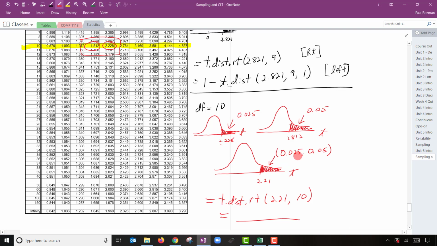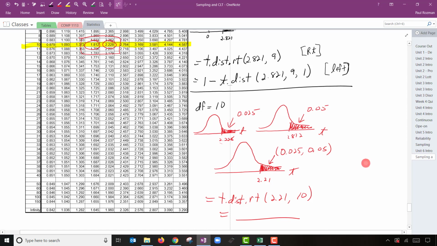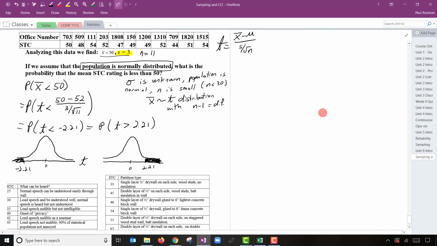So I'd expect this answer to be, roughly, even smaller than 3%, 0.026 or something. So yeah, we can finish this then. This area here, we said was between 0.025 and 0.05. So that's our answer.